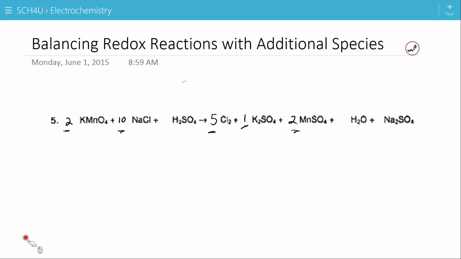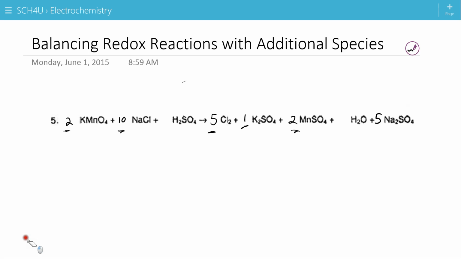Next I see hydrogens here and hydrogens here, and sulfates here and sulfates all over the place over here. Actually, I'm looking at this one right here. I see sodium. There's 10 of them, and there's only one spot where there's sodium over here, so if I can deal with things that only occur once, that's the best thing to start with. 10 sodiums, that means I need 5 sodiums right there.